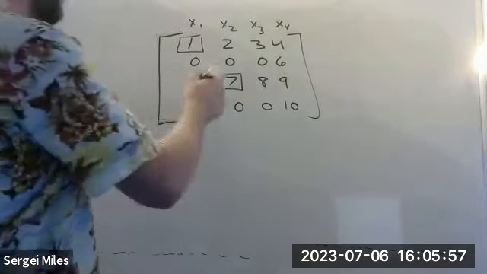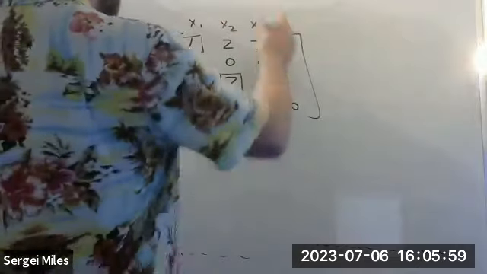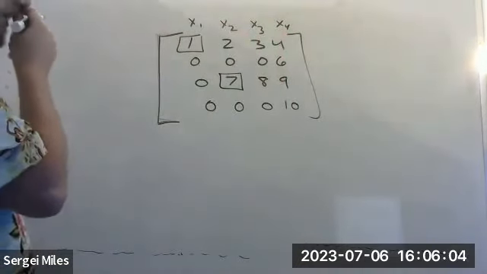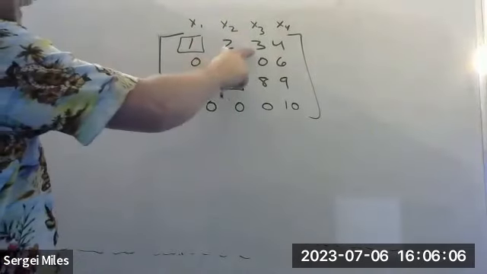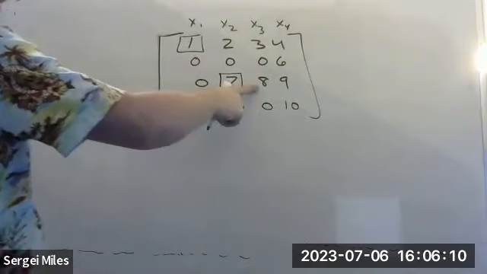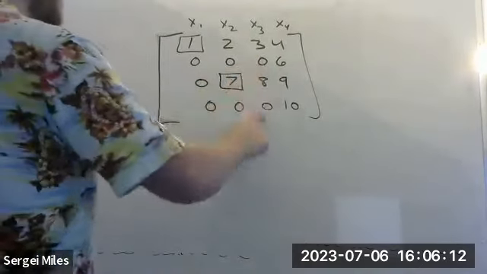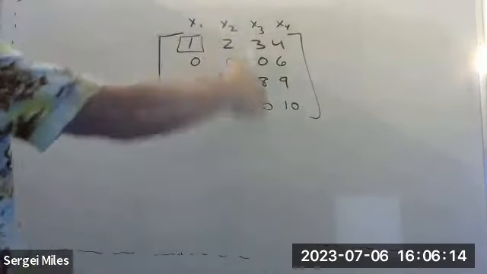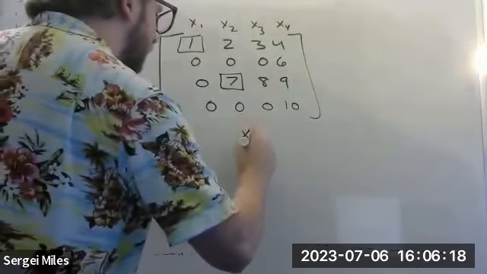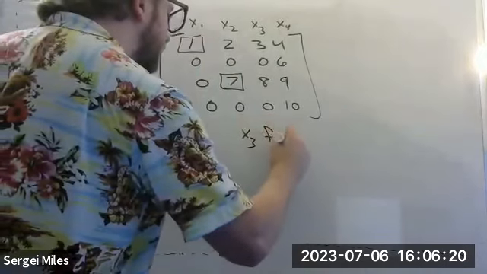So we got a pivot for x1, pivot for x2. We look at x3 and, well, there's nothing here, right? I can't use 3 because it's not the leading entry. I can't use 8. It's not the leading entry. And I have zeros for the other 2 rows. So there is no pivot in x3. x3 in this current form is free.